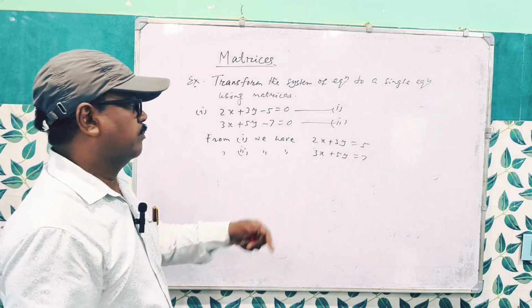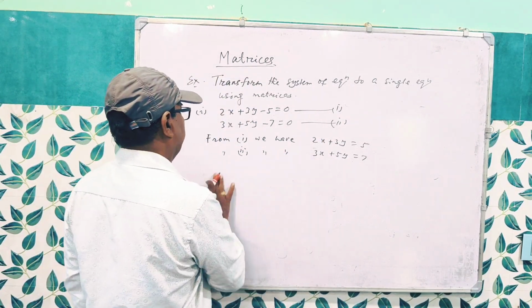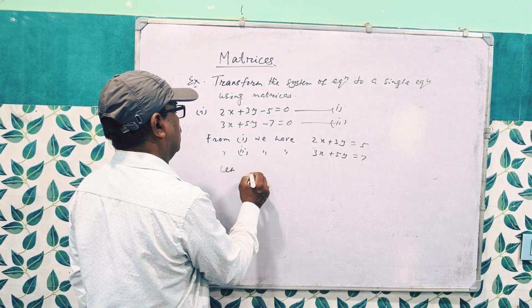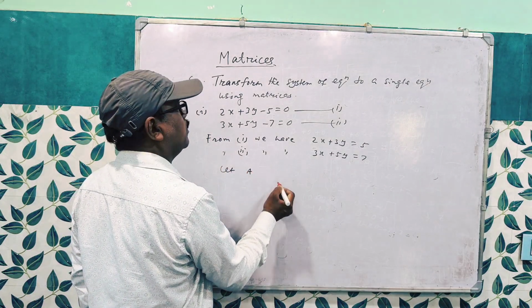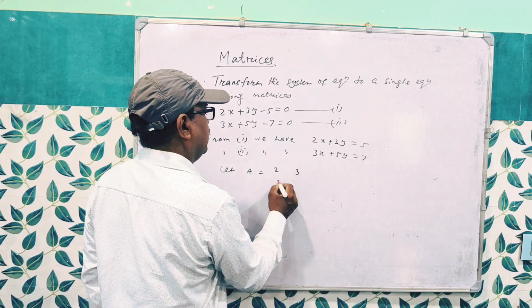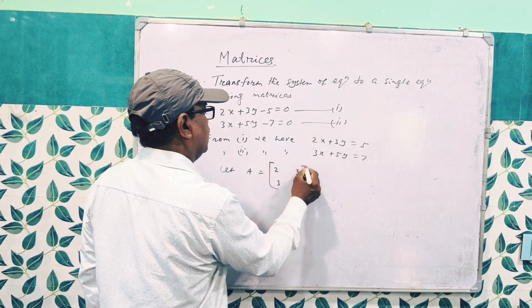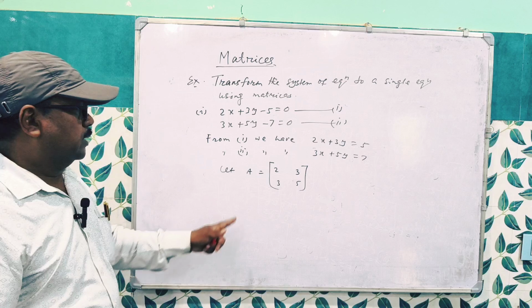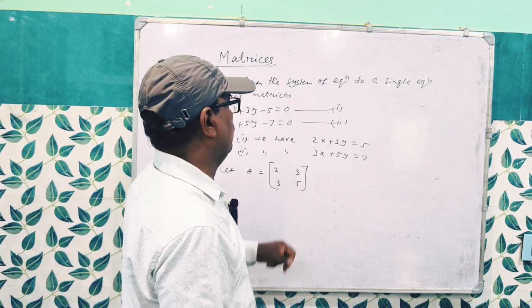Taking the matrix of coefficients, let A be equal to 2, 3; 3, 5. So this is the matrix of coefficients.